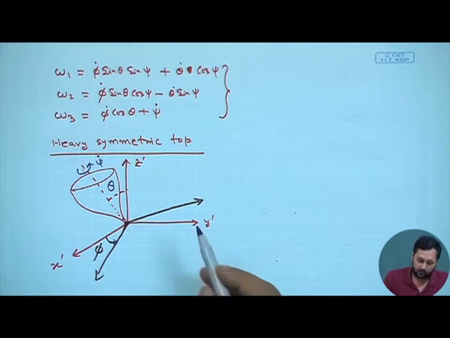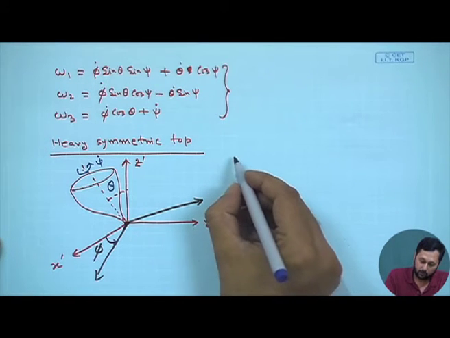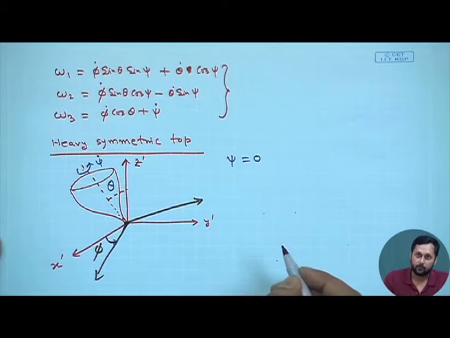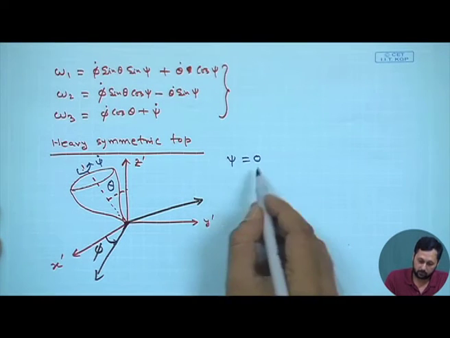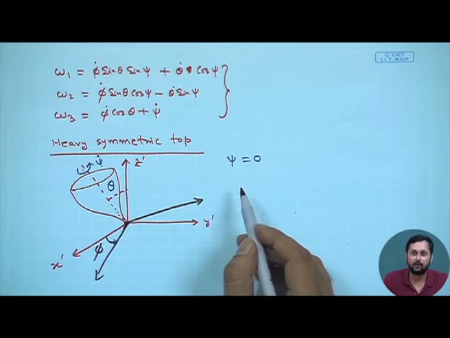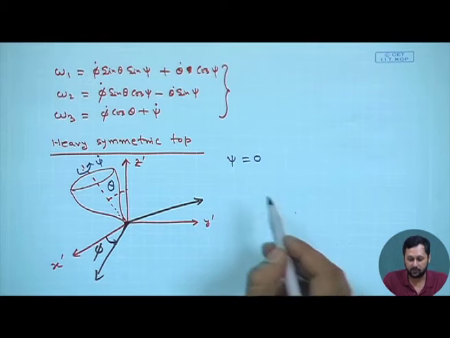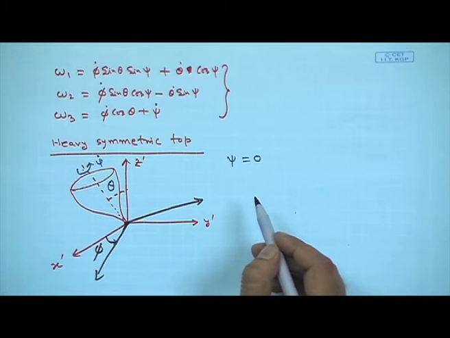So, instead of using these equations directly, we will be working in a frame in which psi equals 0. That means we are not considering the third Euler angle directly in this system. Why we do that, we will see in a moment, because this will greatly simplify our calculations. But please understand, by doing this we are not losing any generality of the problem.